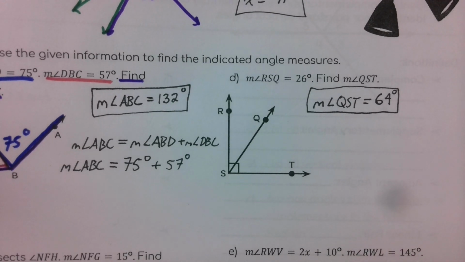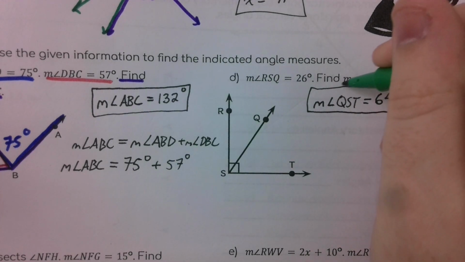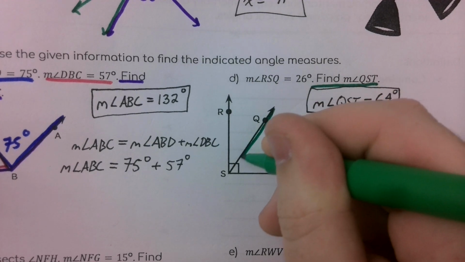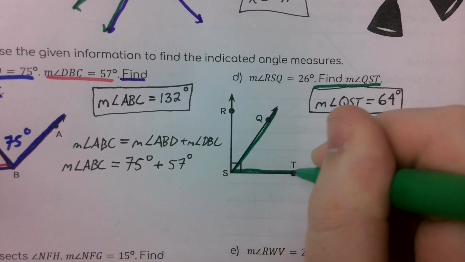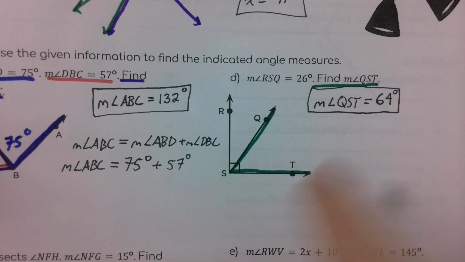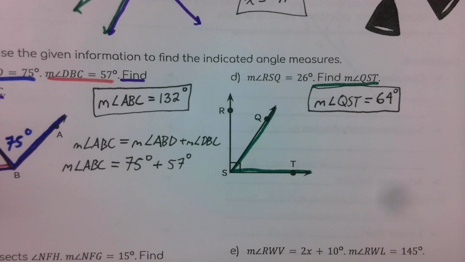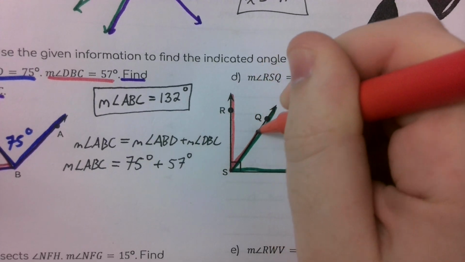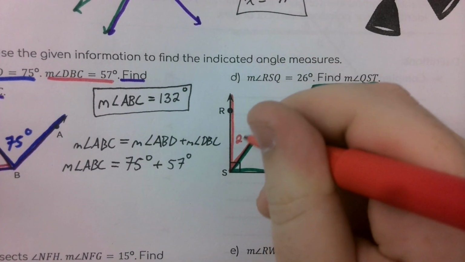In the next one, we're asked to find the measure of angle QST. QST is going to be this smaller angle down here. And all we're given is the measure of RSQ, which is this angle here. We're told that this is 26 degrees.